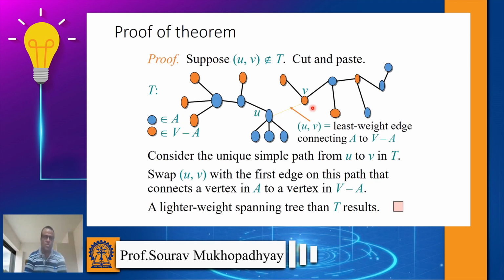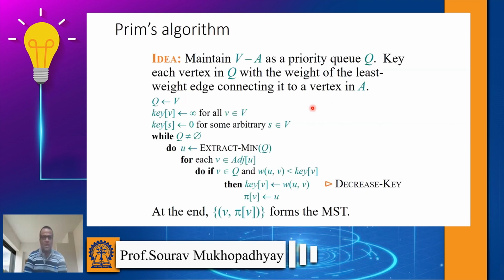You can do this proof by induction also. Now, this theorem is the idea behind Prim's algorithm. This theorem will give us the correctness of Prim's algorithm. Basically, we have to maintain a priority queue for V minus A, the complement. We start with a vertex and put it in A, that is the starting vertex.